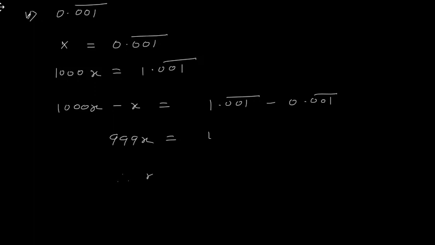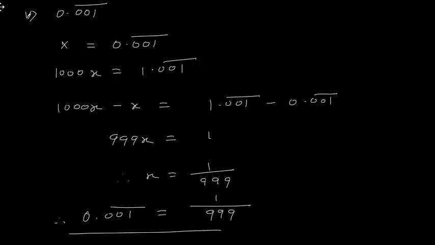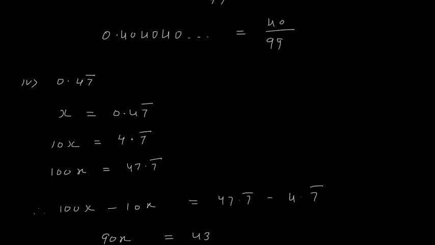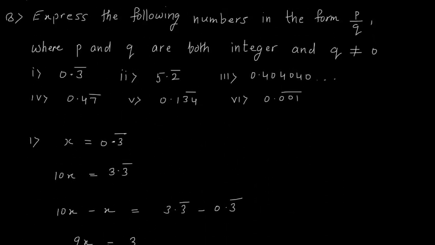So this gives me value of x as 1 upon 999. So therefore we will say that 0.001 bar is equals to 1 upon 999. Okay, so I hope you understand how to solve these problems, question number 8 type problems.